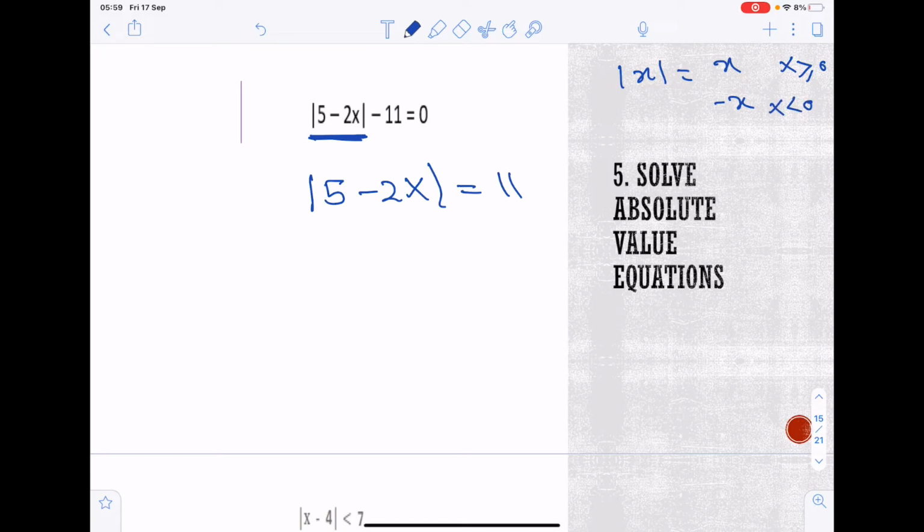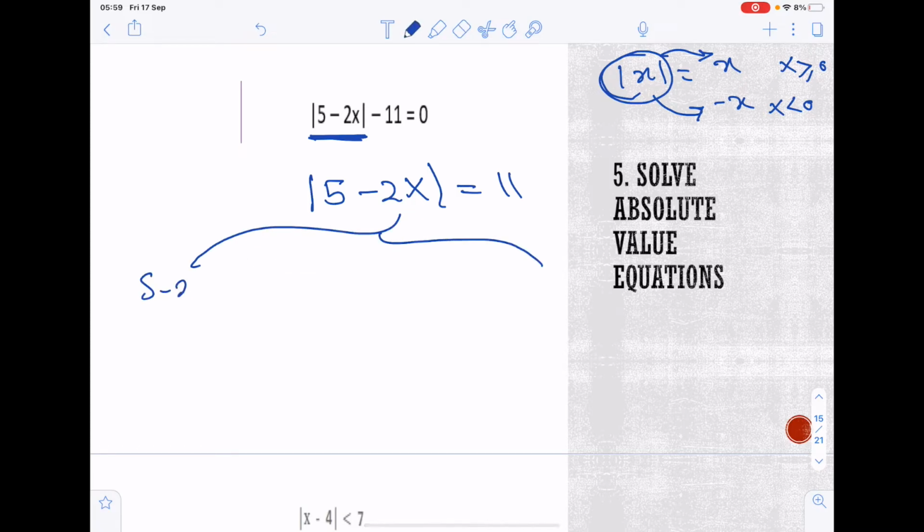So the value inside the absolute value could be positive or negative. That's why 5 minus 2x is either equal to 11, or I can write it this way. So either 5 minus 2x equals 11 or 5 minus 2x equals negative 11.